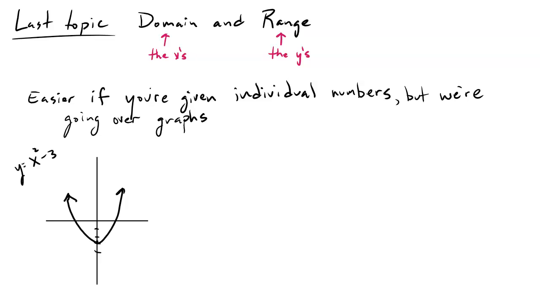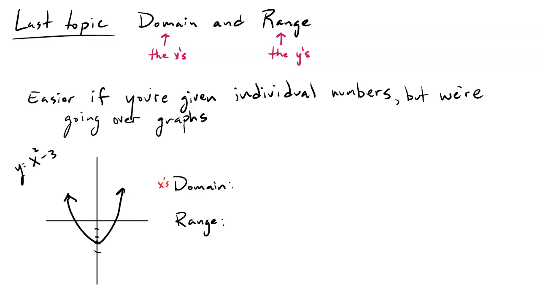With domain and range, normally we look at the x's and look at the y's, and you can sort of do that from a picture. If I ask about domain, I'm basically asking, where does this graph go left and right? Because it's the x's.